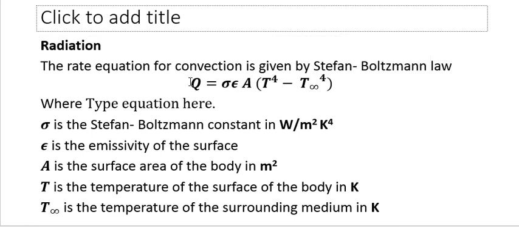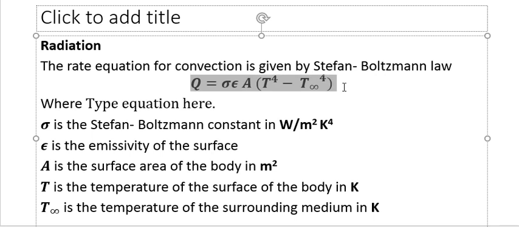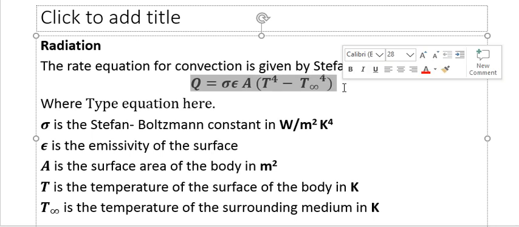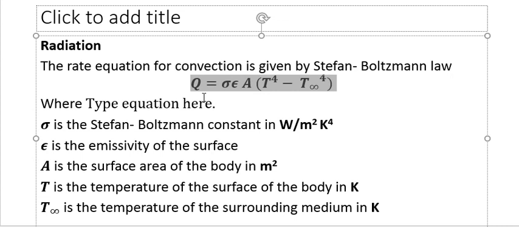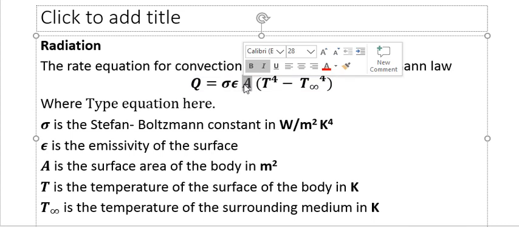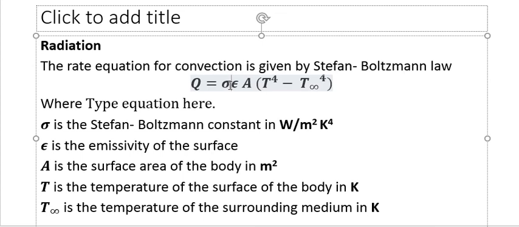Here Q is the rate of heat transfer due to radiation, given by sigma epsilon A. A is the surface area of the body. Radiation takes place along the surface area of the body, in meter square. Sigma is the Stefan-Boltzmann constant, in watt per meter square Kelvin to the power 4.